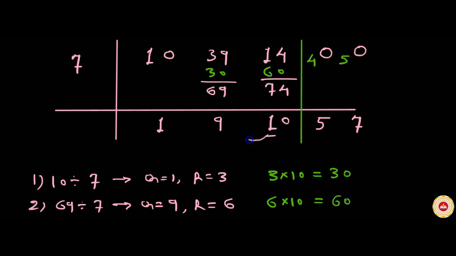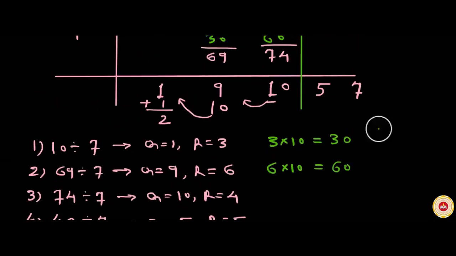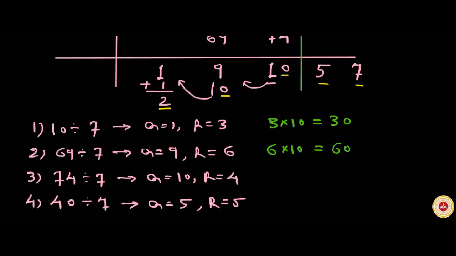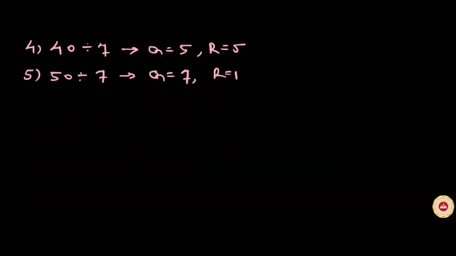So let us pass 1 to its immediate left, which is 9. 9 plus 1, 10. Here also we have an extra digit. Pass the tens place digit 1 to its immediate left, which is 1. So 1 plus 1, 2. So the final answer is 2, 0, 0, 5, 7. So 200.57.